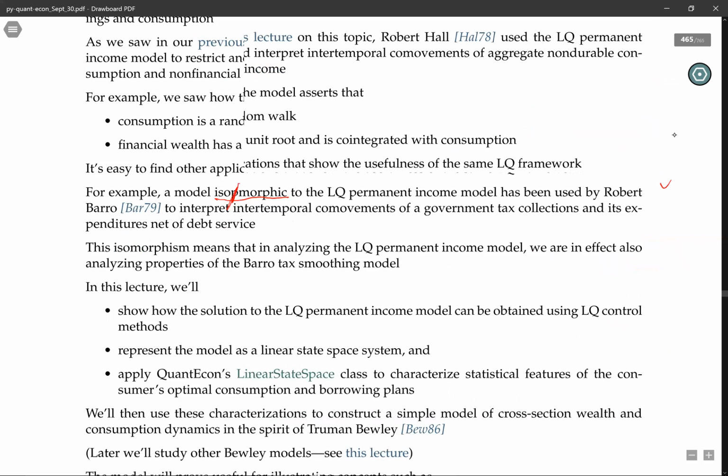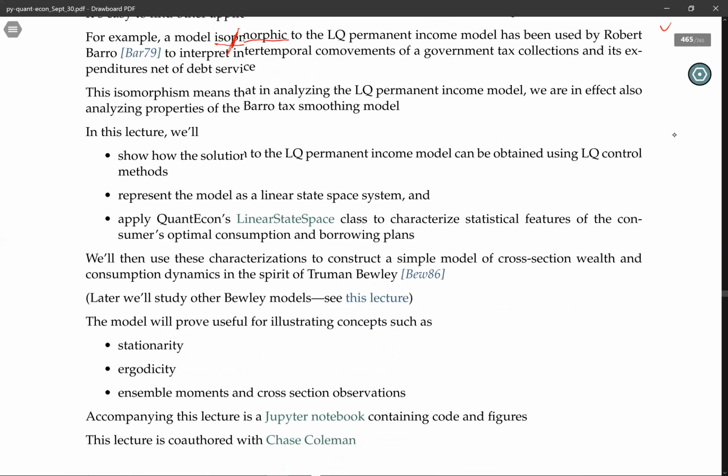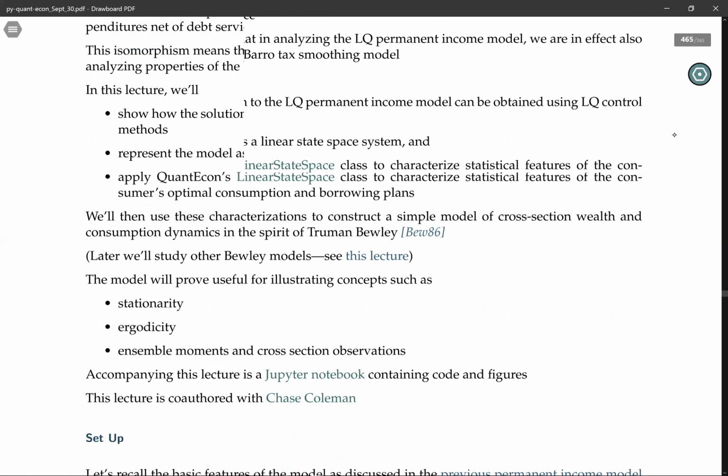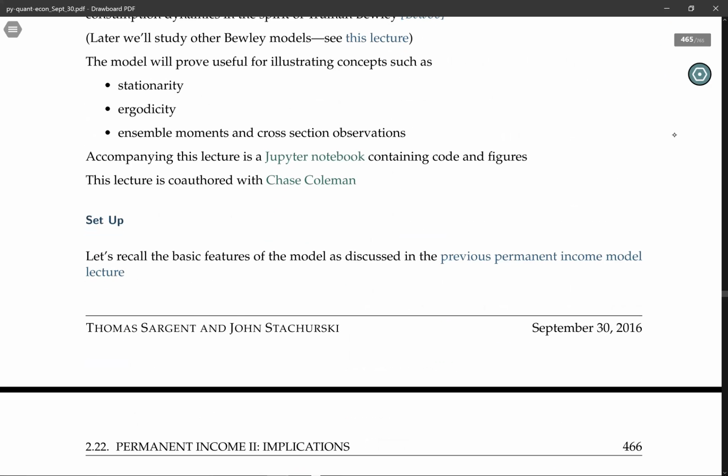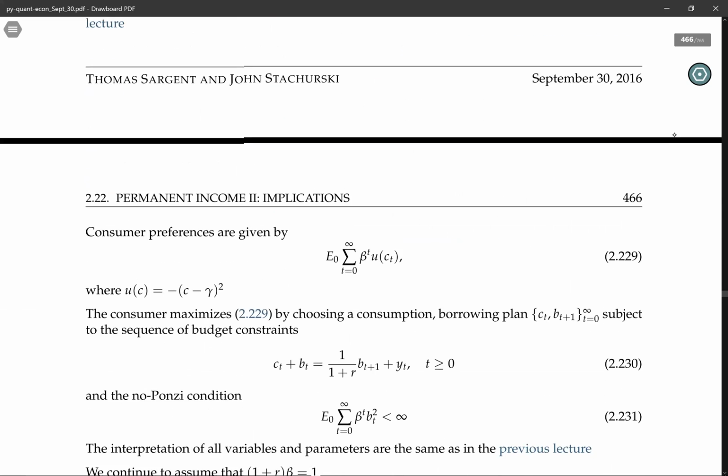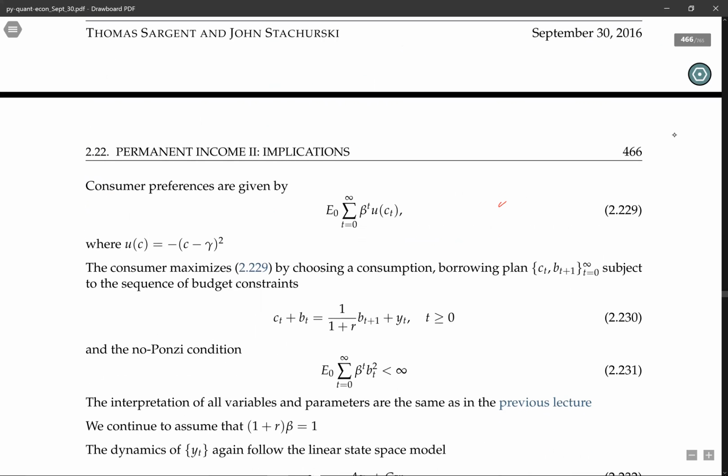I'm going to show you an insight that Barro had, although he didn't write it this way. He could have; it's clearly the way he thought of it. So here's our model, written in a slightly different way here, which is going to be convenient.